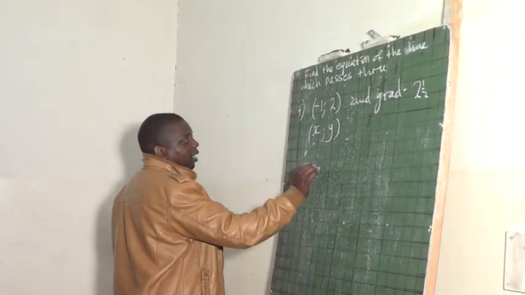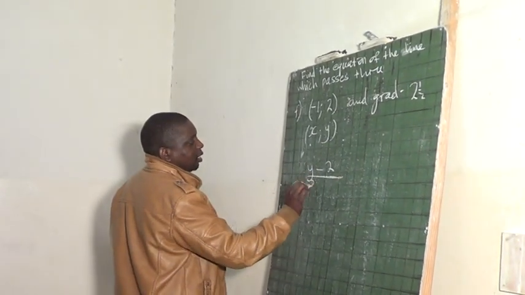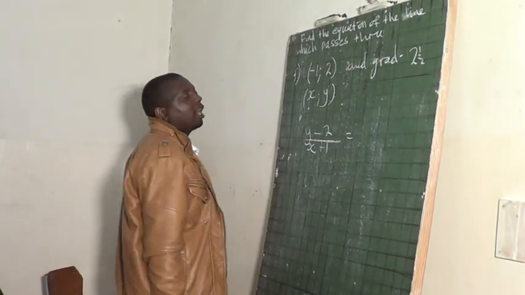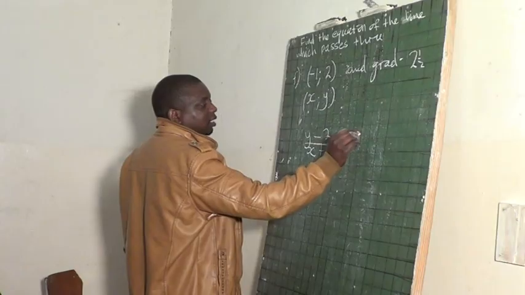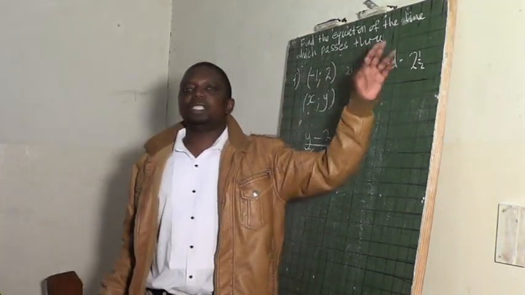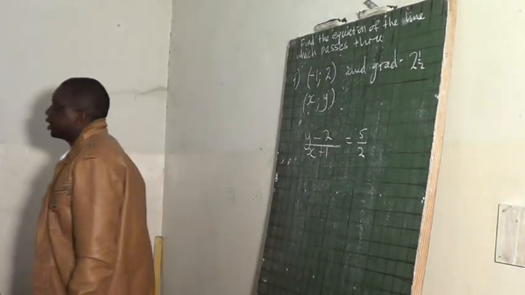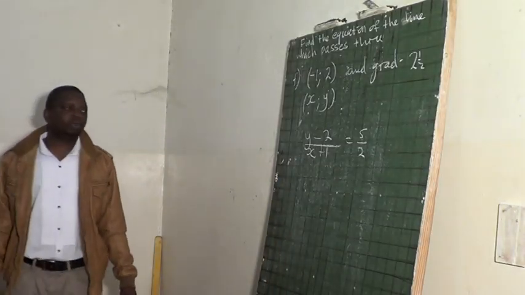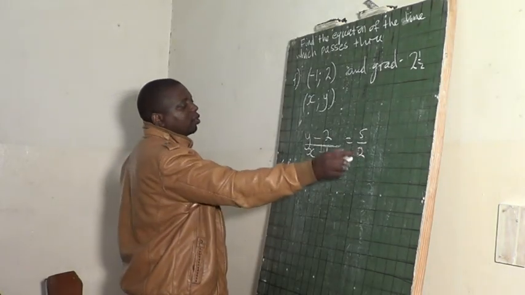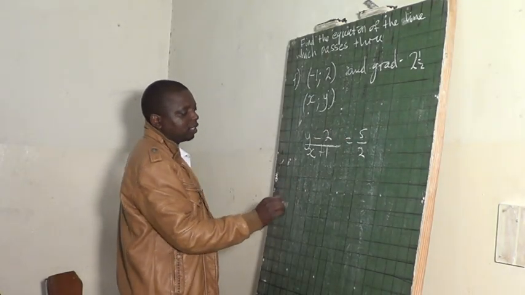That is y minus 2 over x plus 1 is equal to the gradient. What is the gradient? 2.5, you express it as an improper fraction. It will be 5 over 2. Right, so you cross multiply to do away with what?